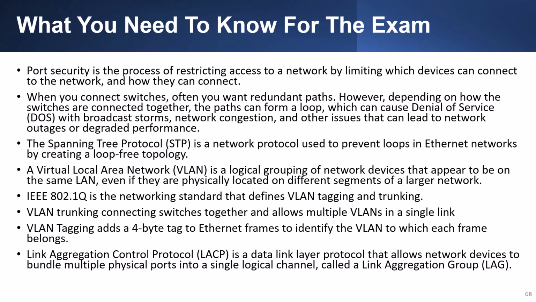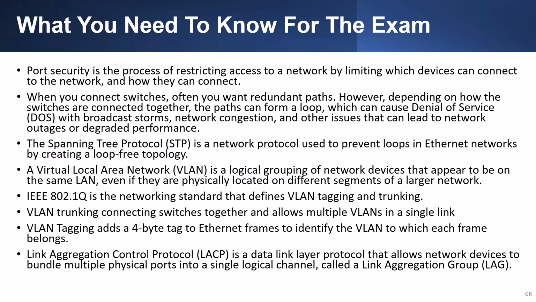In summary, port security is the process of restricting access to a network by limiting which devices can connect to the network and how they connect. When you connect switches, often you want redundant paths. However, depending on how the switches are connected together, the paths can form a loop, which can cause denial of service with broadcast storms, network congestion, and other issues that can lead to network outages or degraded performance.